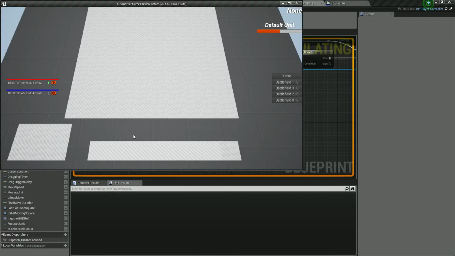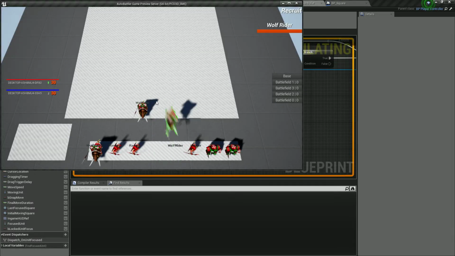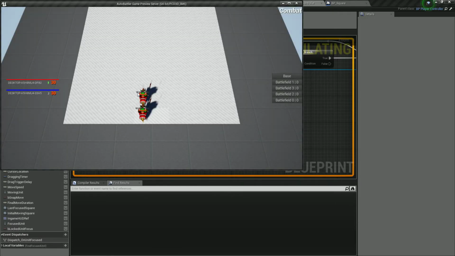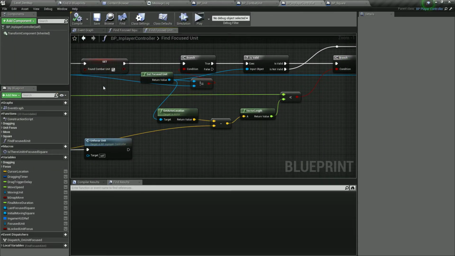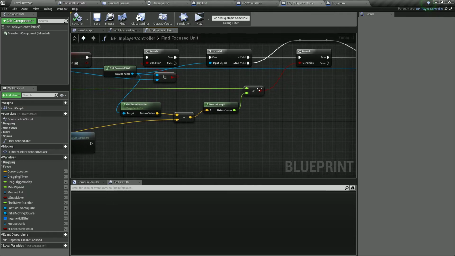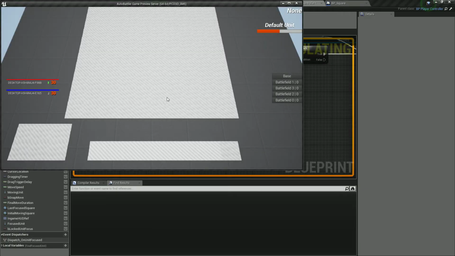For instance, at that point my cursor is actually closer to the top one than the bottom one, so our condition should be working, but it's not working, and I'm really unsure why. Maybe because I'm dumb?